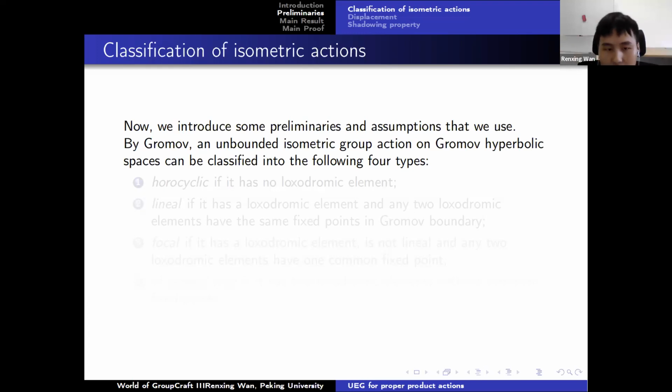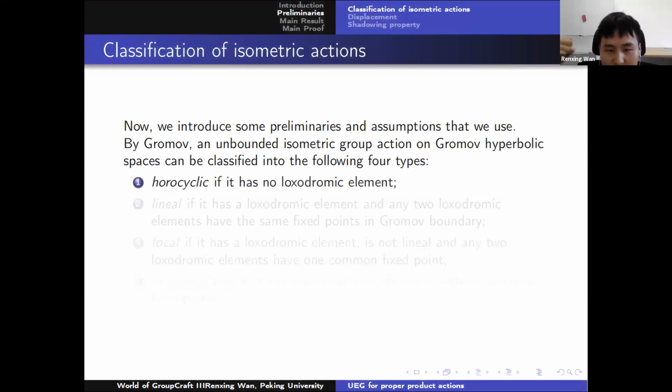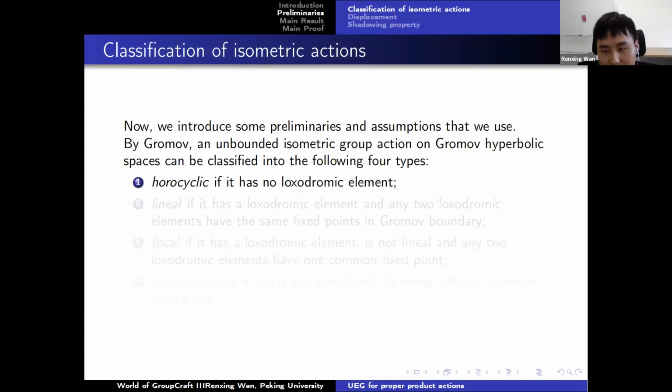By Gromov, an unbounded isometric group action on a hyperbolic space can be classified into 4 types. The first is horocyclic. It means that there is no loxodromic element. Every group element acts on the space elliptically or parabolically.